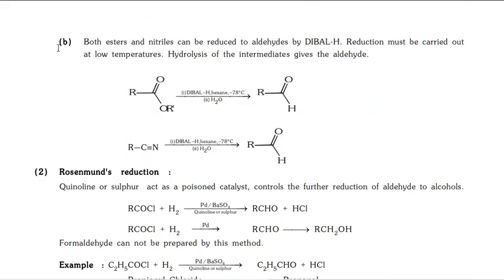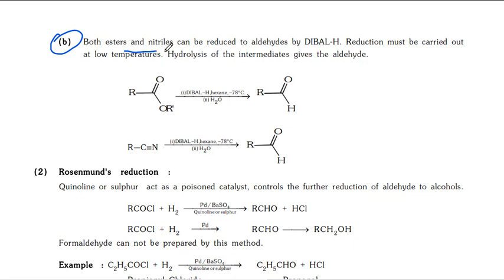You can see this. Both esters and nitriles can be reduced to aldehydes by DIBAL-H. Reduction must be carried out at low temperature. Hydrolysis of the intermediate gives the aldehyde. Here very important, this low temperature. Whenever DIBAL-H is given, that means we have to consider low temperature only.